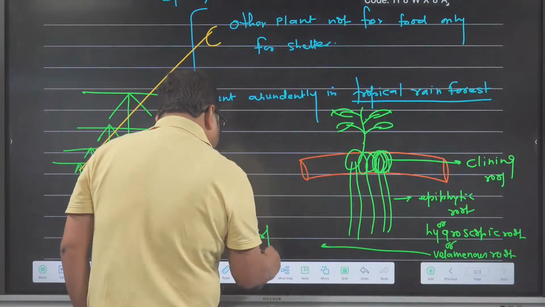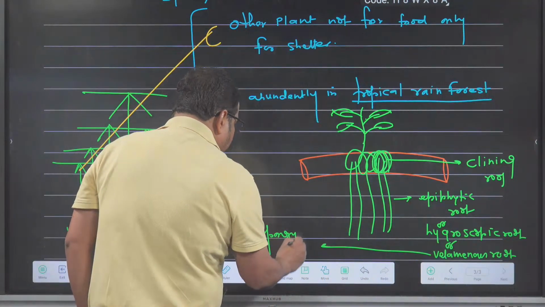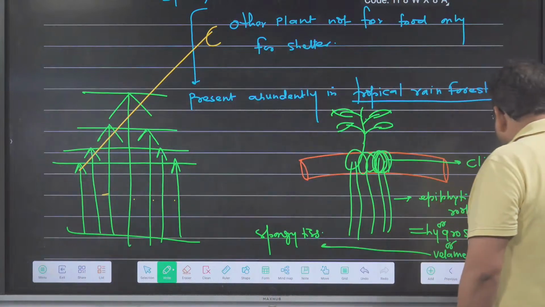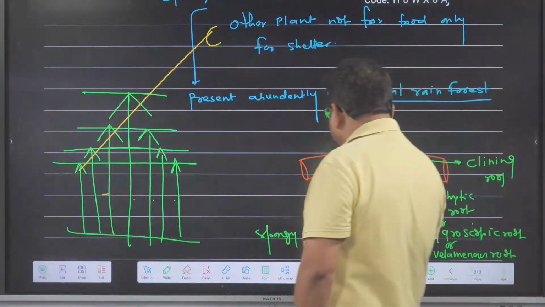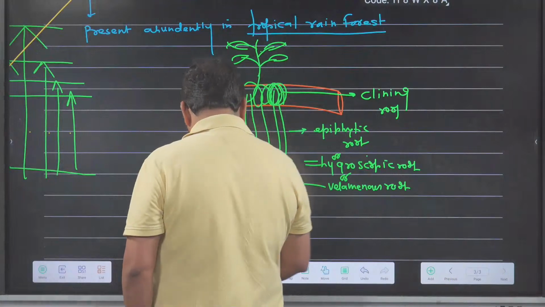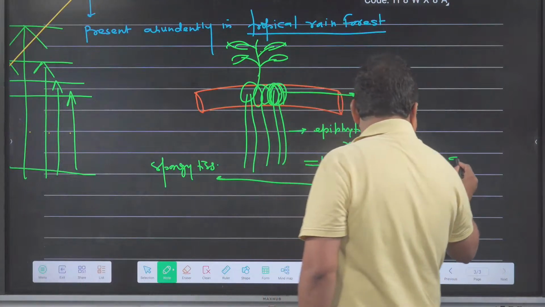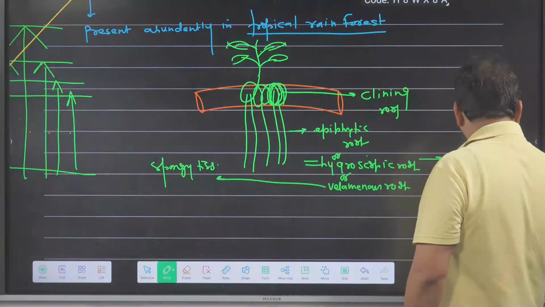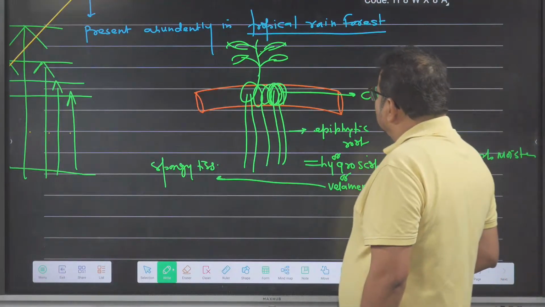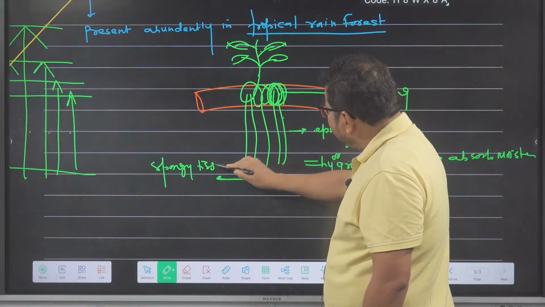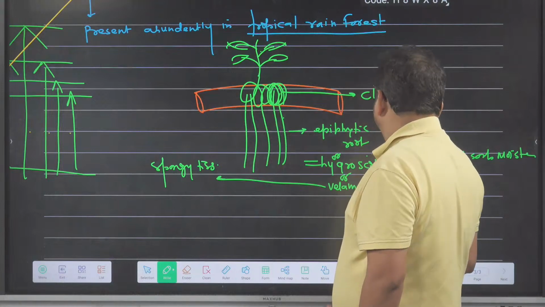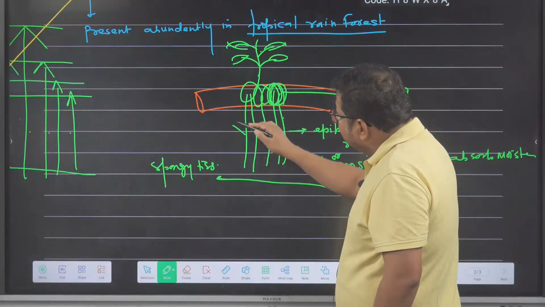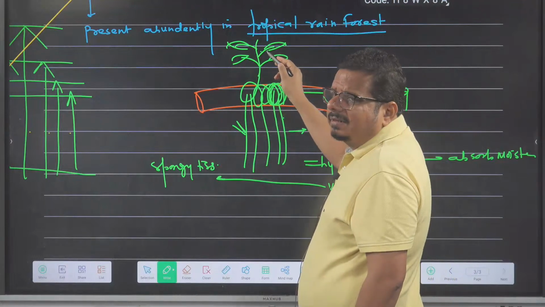Because it has a spongy tissue, and this spongy tissue absorbs moisture. That is the reason it is hygroscopic. Why do we say hygroscopic? Because it absorbs moisture of the air. What is the idea? So these hanging roots with spongy tissue, velaminous root or hygroscopic root, whatever you want to say, absorb the moisture.